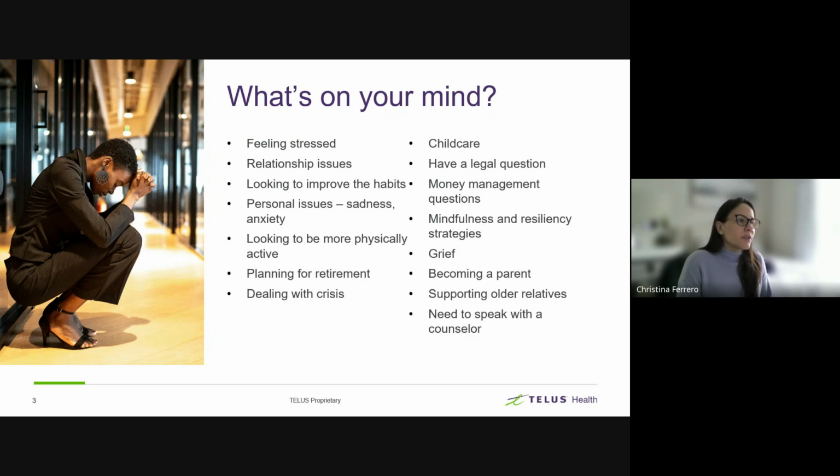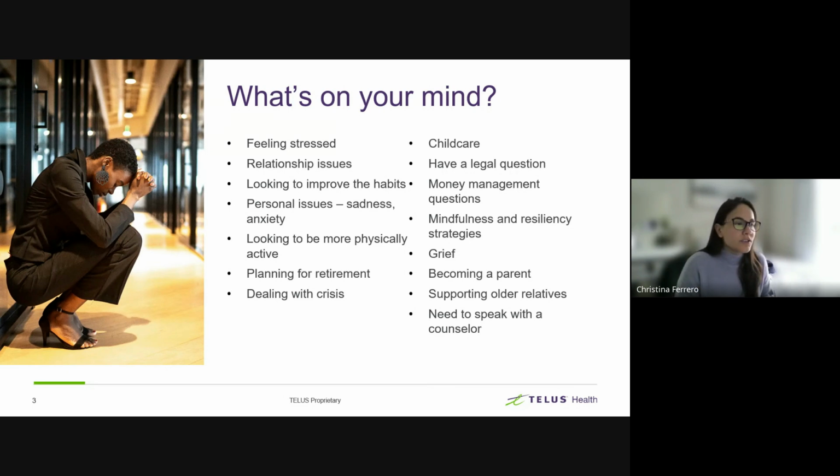But really it's anything going on in your life that you might want some resources or extra support around, whether that's feeling stressed, relationships, issues with friends, colleagues, or family, looking to improve habits such as health, or trying to be more physically active, personal issues like sadness or anxiety, planning for retirement, dealing with a crisis, becoming a parent, grief, money management questions, all things that are really heavy on our minds outside of the workplace.